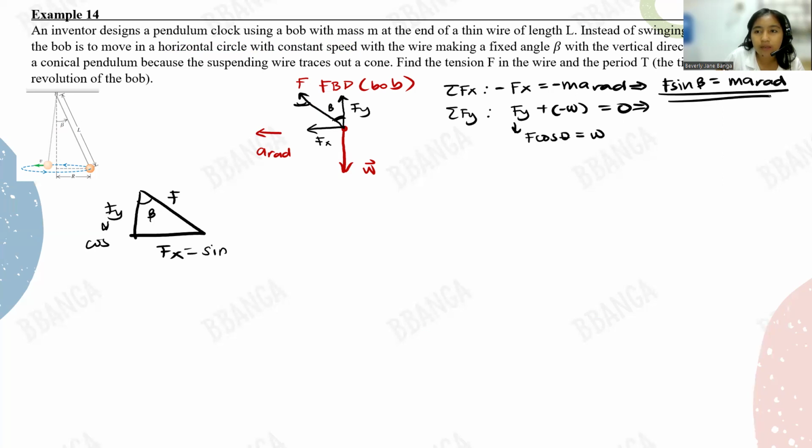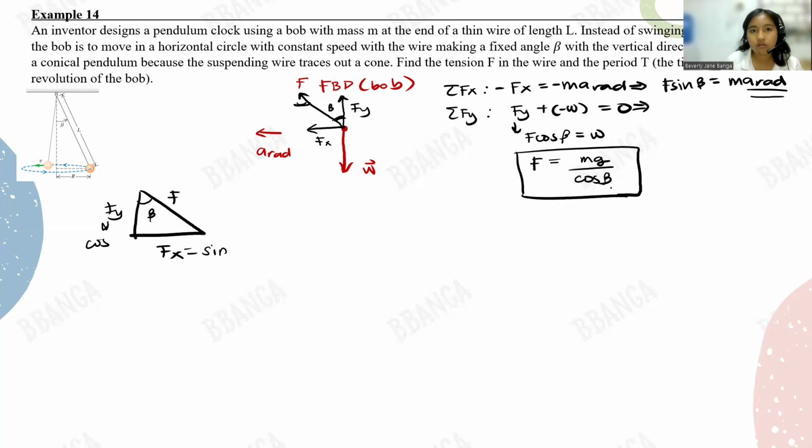Pero yung problema pala natin dito, class, kung ito yung gagamitin ko para hanapin si force, ang problema ko ay si A-rad kasi hindi ko pwedeng gamitin yung V squared over R kanina or yung 4 pi squared blah blah blah. So try na lang natin palang gamitin si Fy na lang pala. So F cosine beta is weight. So F is basically mg over cosine beta.